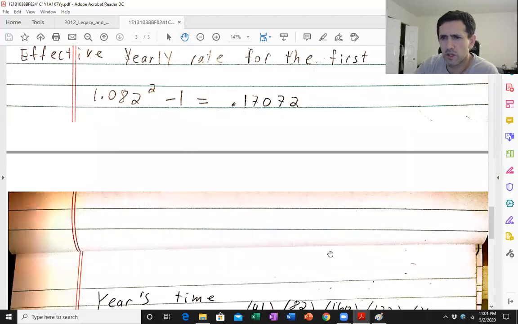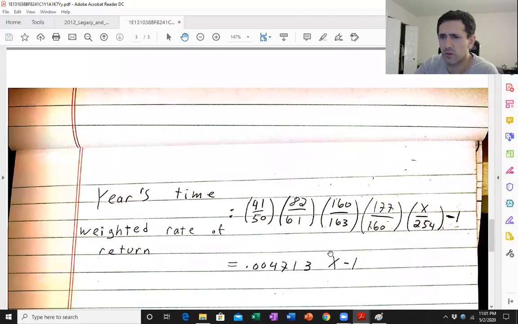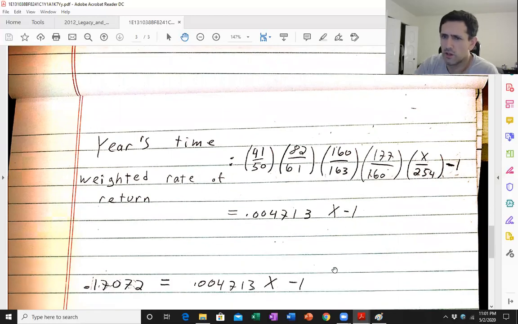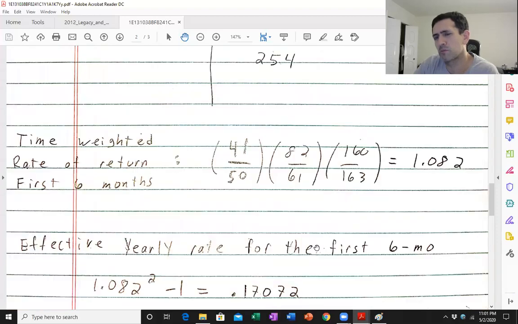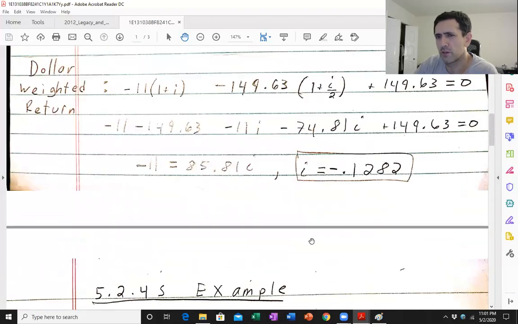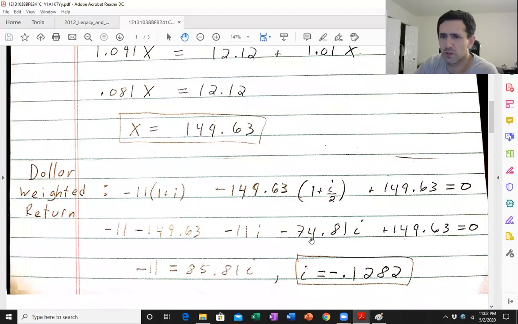All right, now we're basically done. Do the same thing for the whole year. You get 0.004713x minus 1. You're given these two are equal, and you're done. Solve for x. Yeah, so like I said, I think these problems are pretty straightforward if you just follow the simple formula for growth factor I gave you, and for dollar weighted rate of return, it's really not that bad to just set up the future value with respect to simple interest equals 0.